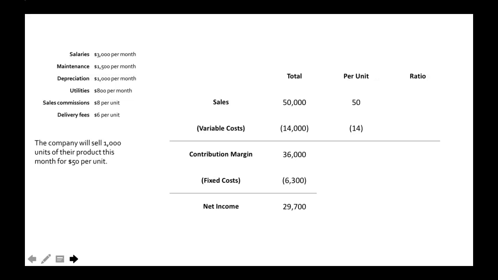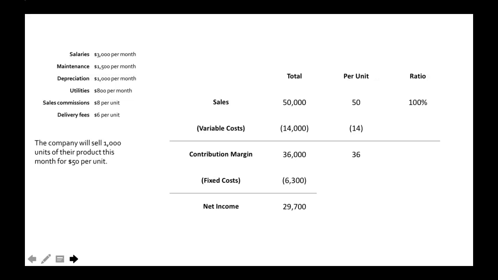Now a few other pieces that we're going to need for our break-even calculations. Our contribution margin per unit. We get that 36 by taking 50 minus 14. And then our ratio column. Well, these ratios are going to be based off of sales.